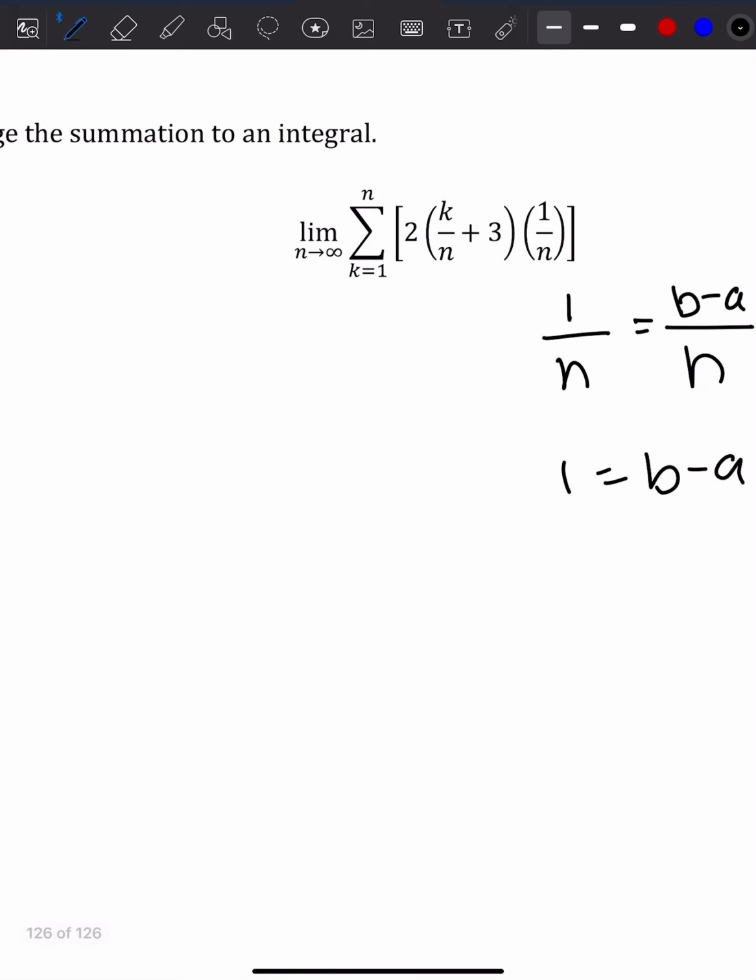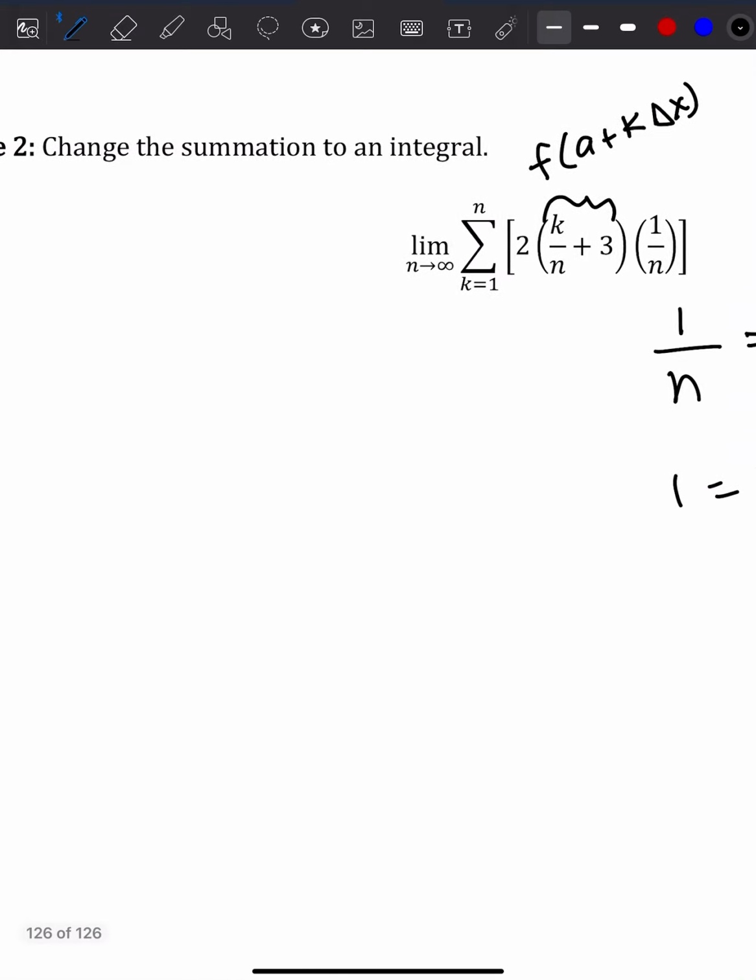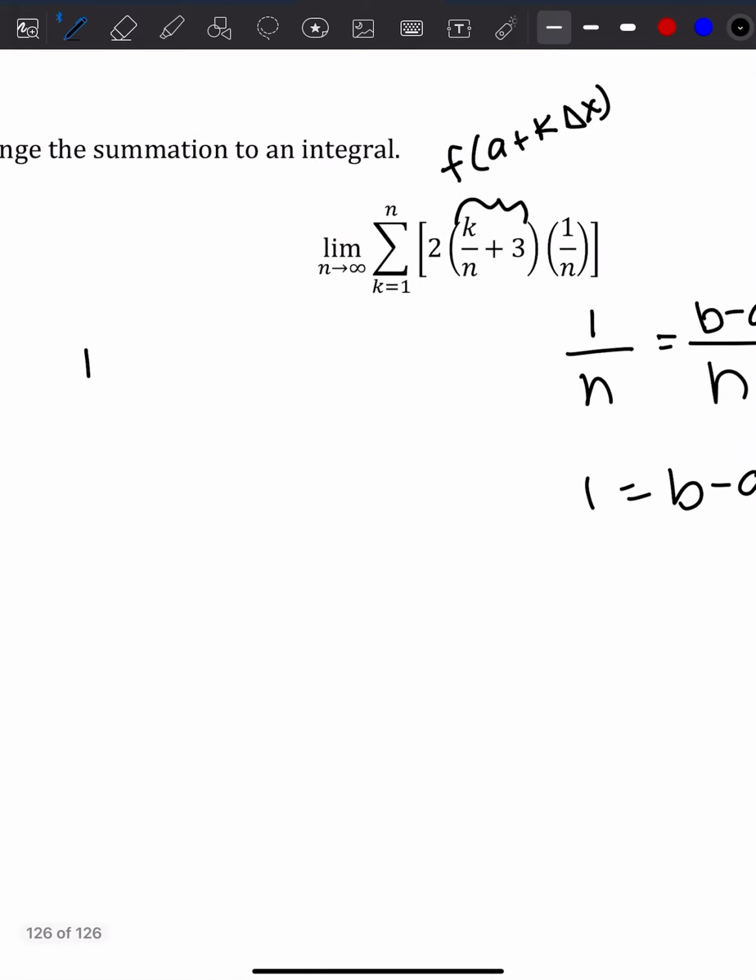Everything inside of our parentheses here that's with k over n, this is going to be the inside of what was f of a plus k delta x. The inside of these parentheses is the same as the inside of our other parentheses. So we have k over n plus 3 is equal to a plus k delta x.